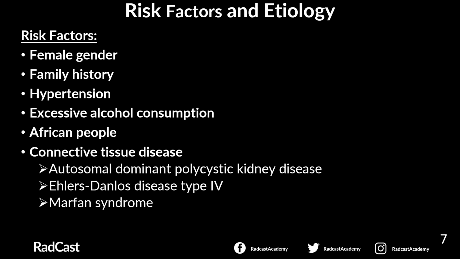Subarachnoid hemorrhage is found more common in African people compared to other ethnic groups. Also, abnormal connective tissue disease is a risk factor, as connective tissue is important for the integrity of the blood vessel wall.